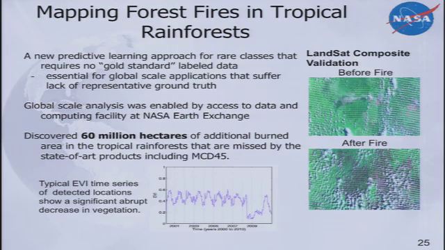This is purely unsupervised machine learning and data mining, identifying additional areas that were previously unidentified. And it turns out we probably missed 25% of carbon emission in the past, right? So this is another very interesting work that we are learning from electrical engineers and computer scientists about this mission, miscounted fires.